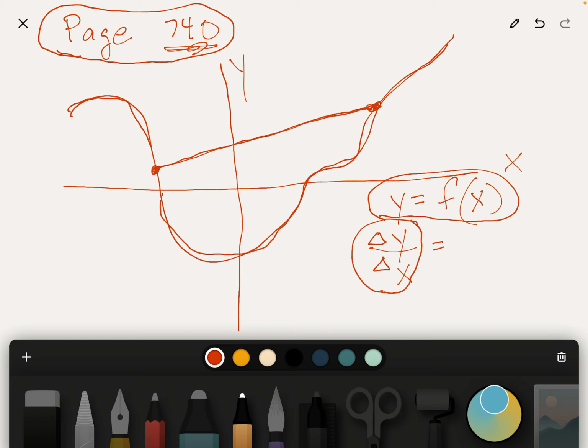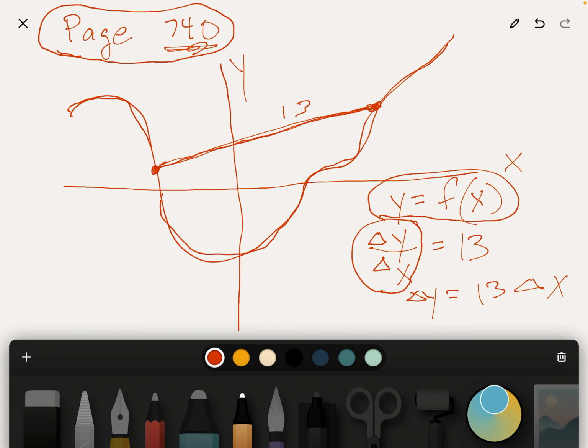So let's say delta y over delta x equals 13. Well, that means that we can also write delta y equals 13 times delta x. And that's basically the equation of this line. It has a slope of 13. So that's delta y over delta x.